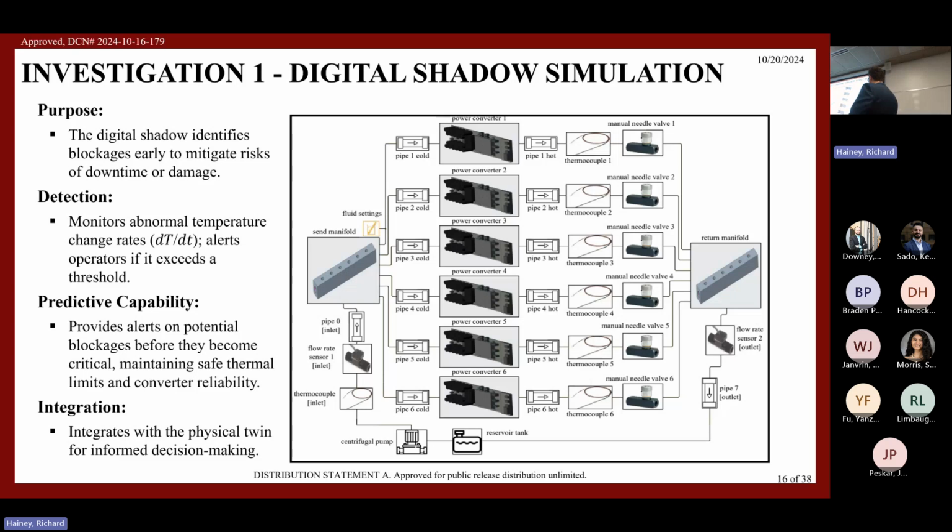Instead, we simply modeled the suspected heat loss that the rest of the system would be seeing, and incorporated that into a simple pipe here to model the heat loss. So the whole goal of this system was to model the thermal behavior of the system. We could use that to compare it to what we're seeing in the physical system and determine if there are abnormal heat behaviors, which might be indicative of a blockage formation.